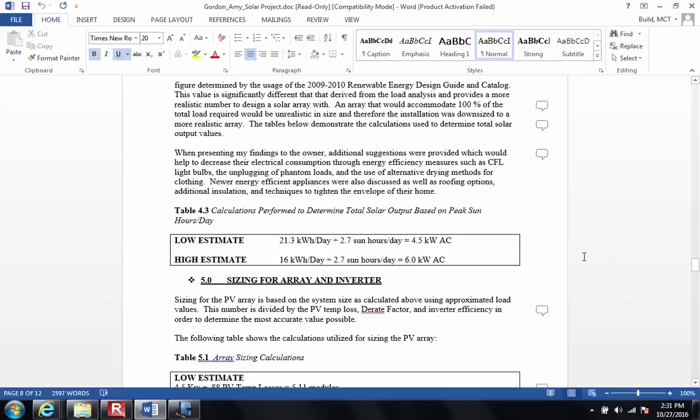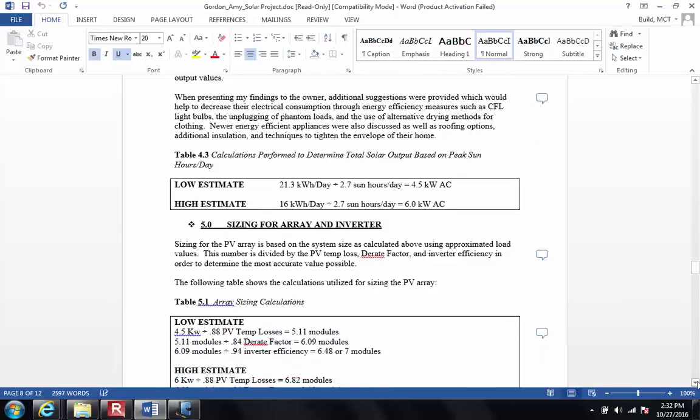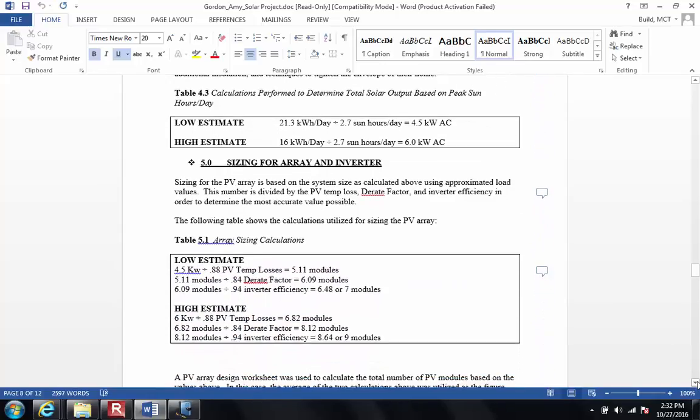Low estimate based on peak sun was 4.5 kilowatts, and high estimate was 6 kilowatts. So basing the array on that, which is nice, they went into quite the details here.